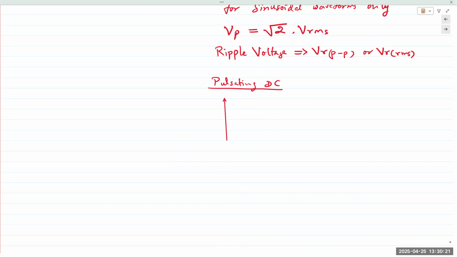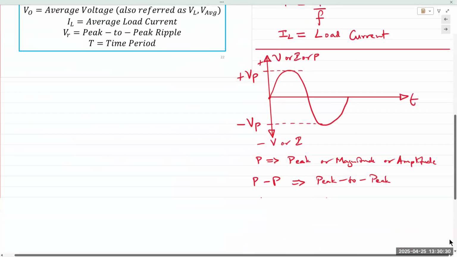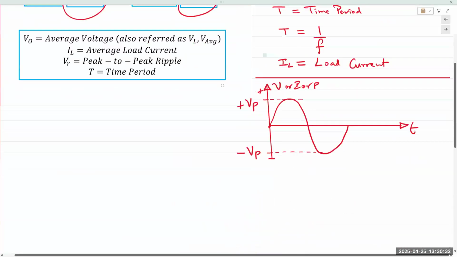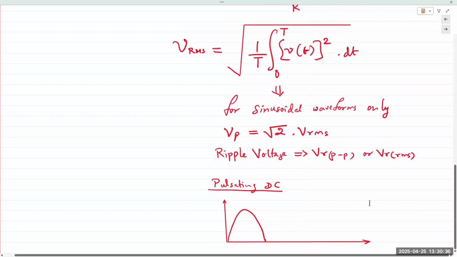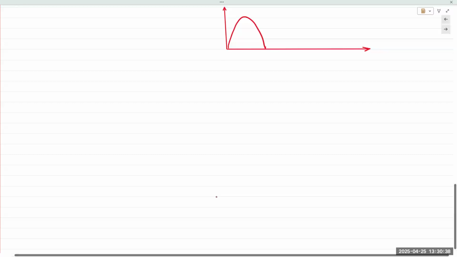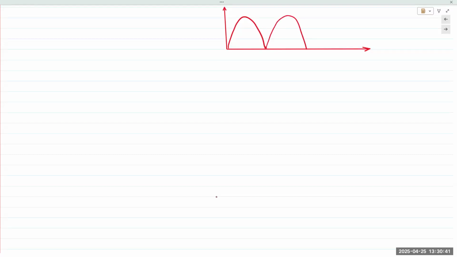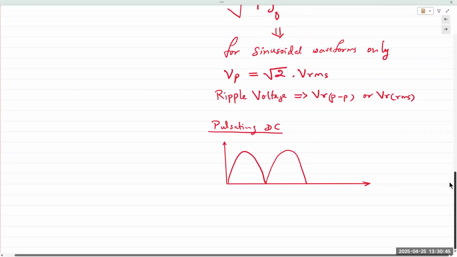So here we have two values. We have a DC value for the waveform. I'm just going to make an approximate mark.